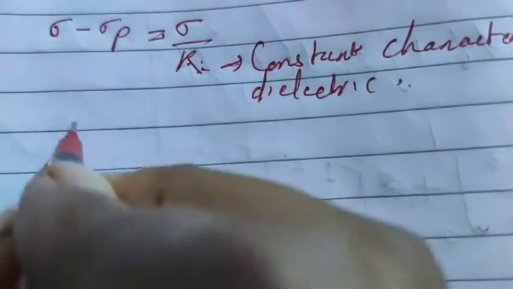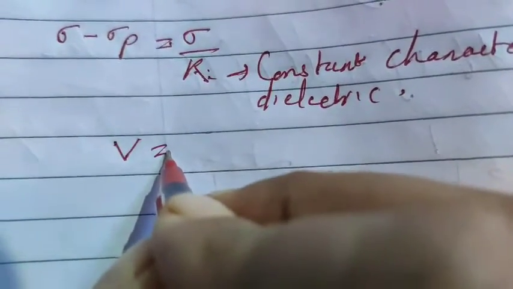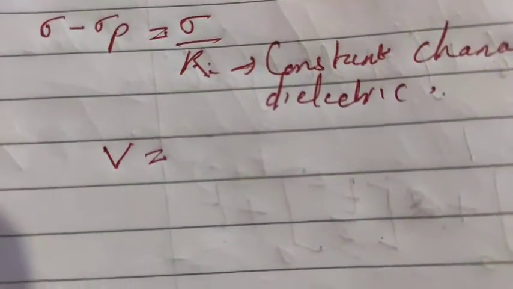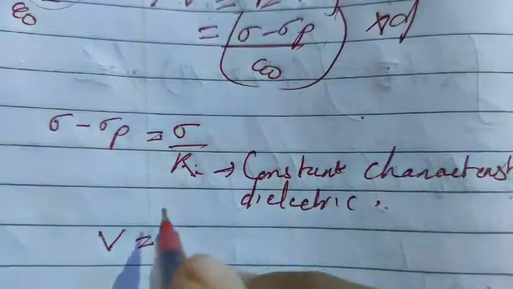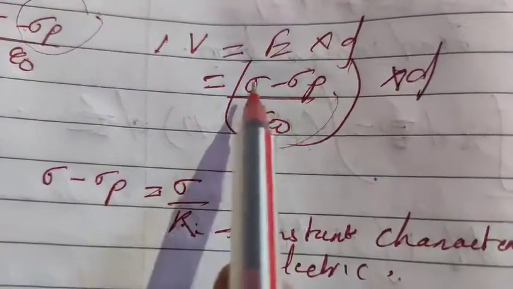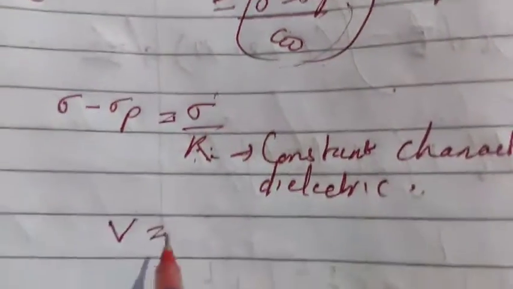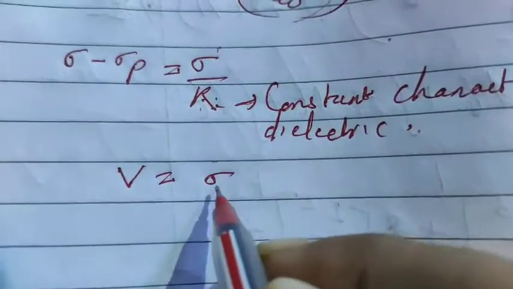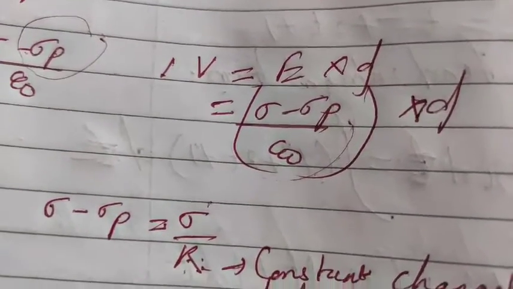Now you put the value. V is equal to E into d, right? V is equal to E into d. E is this much, and in place of sigma minus sigma p, what shall I write? Sigma by K. So what is the formula? Sigma by K, and epsilon naught is already present, right?